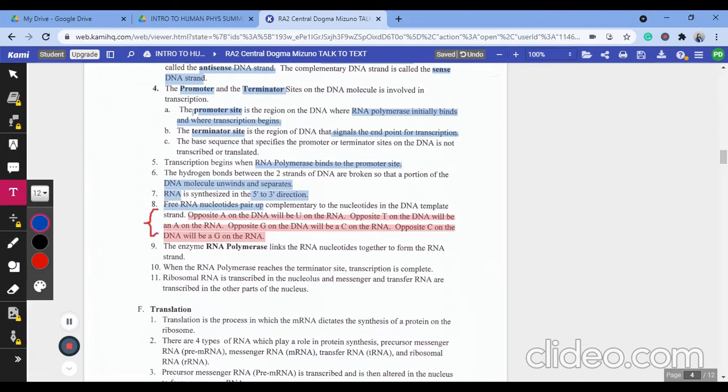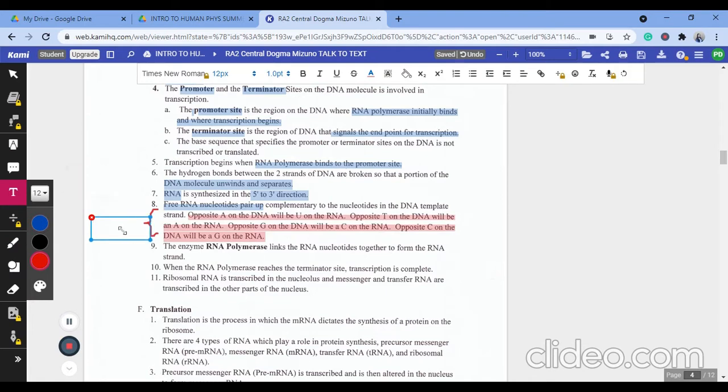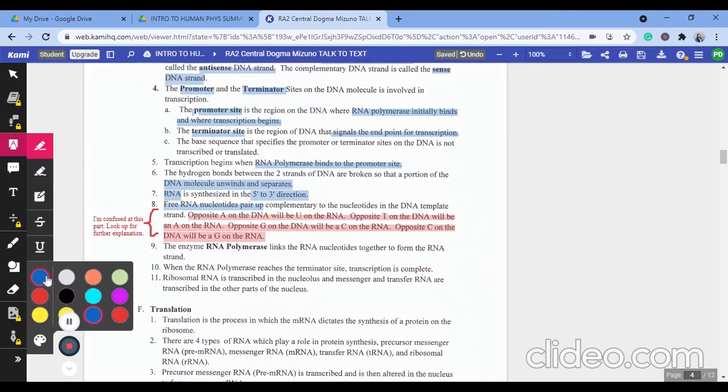I might get it once I search it up, but I'm just going to put a tiny note here that says I'm confused at this part, look up for further explanation. So yeah, that is just a reminder for me to look up what this means.